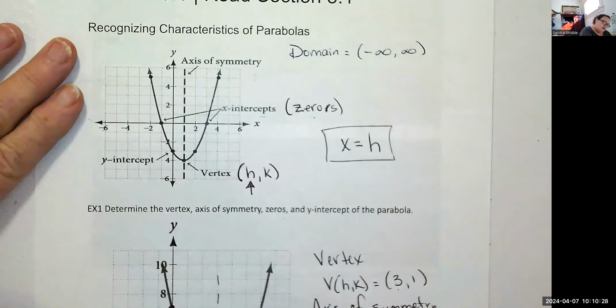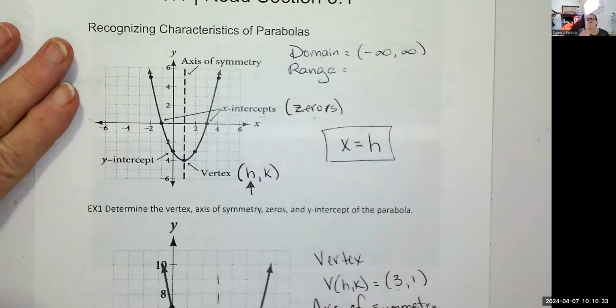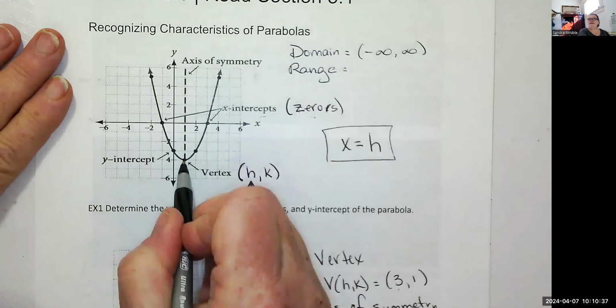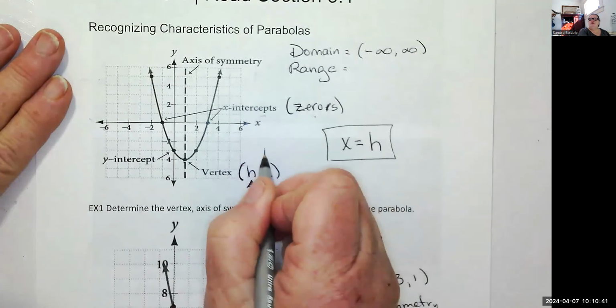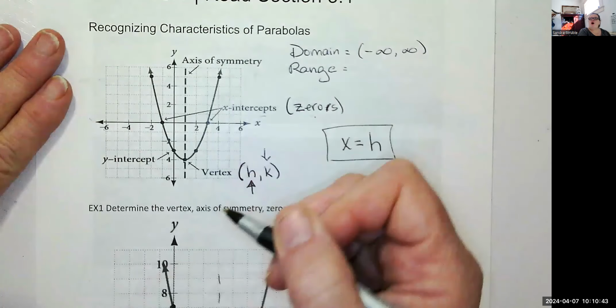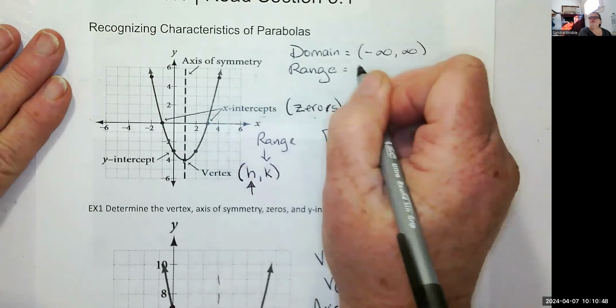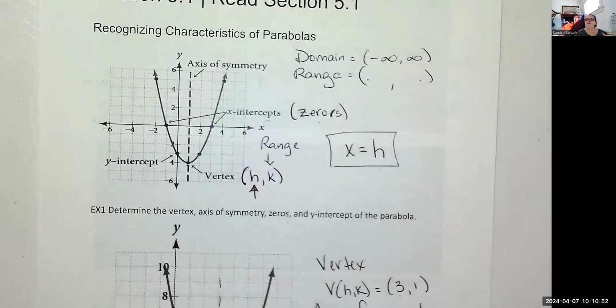The range, however, is where things change. The range is going to have either a max or a min starting point, and your vertex is your key. Remember, your h is your domain, your k is going to be a part of your range. It's either going to be the first number or the second number, depending upon if it's opening up or opening down.